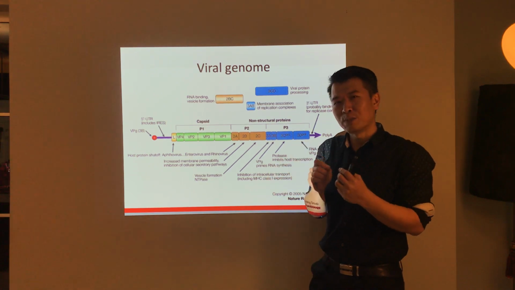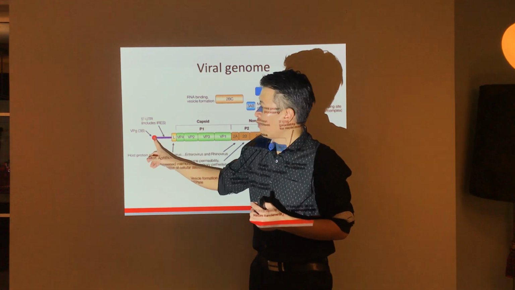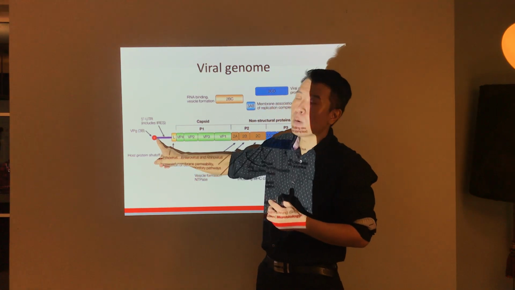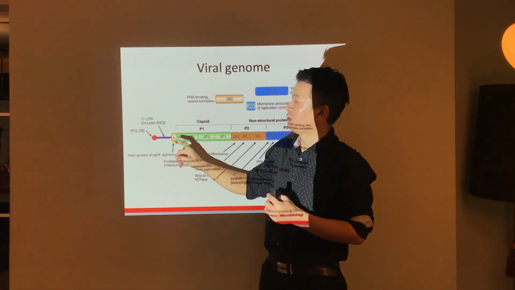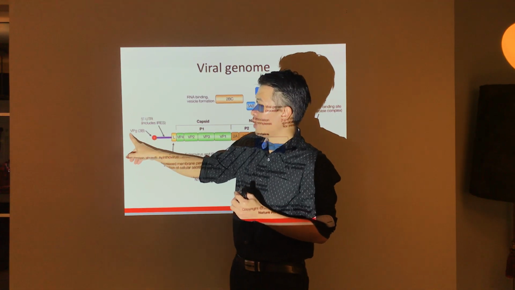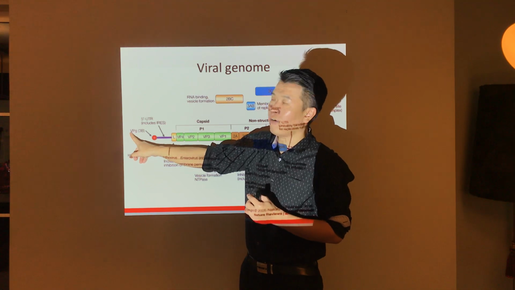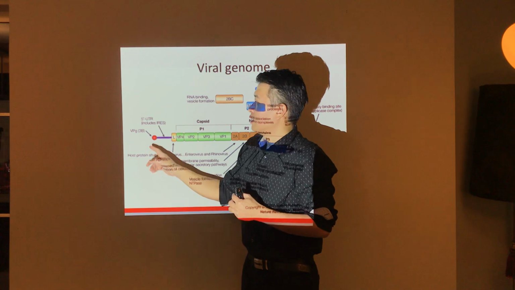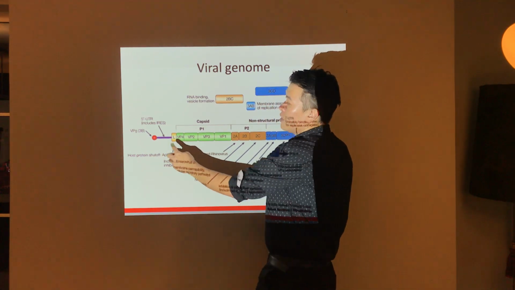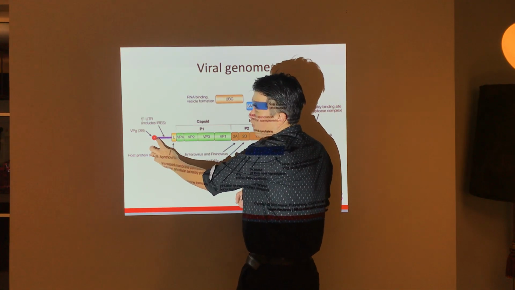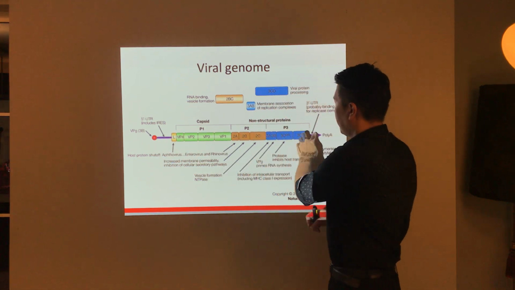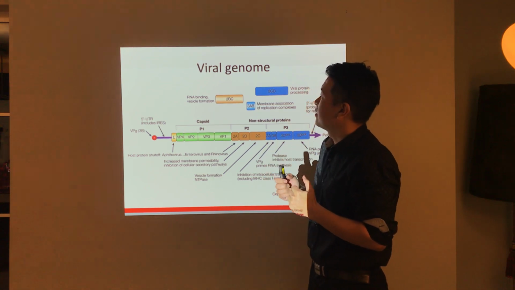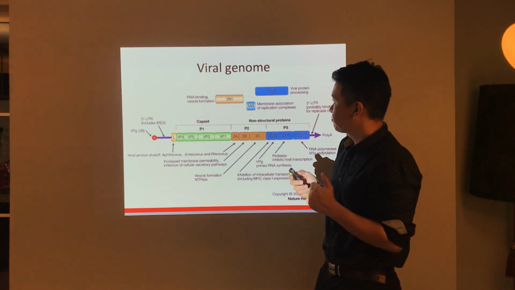The virus is very special in such a way that poliovirus actually has a protein covalently bonded to the genome of the virus, such as here we have VPg, which stands for virus protein genome-linked. So what it means is that this protein is bound covalently to the RNA of the virus. Alright, so viruses are very special and very interesting.